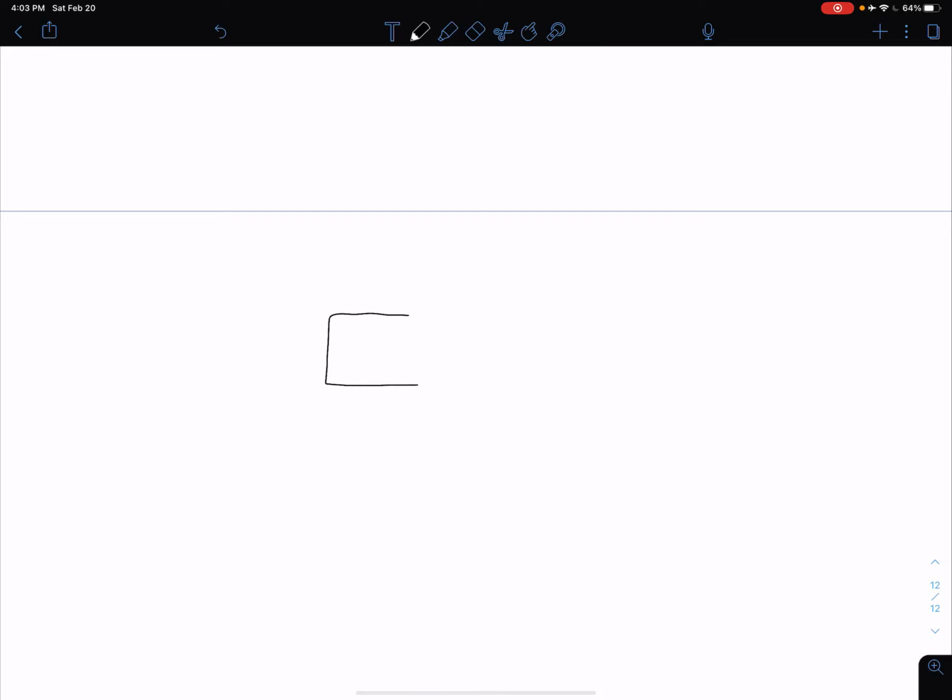Our main goal was to get this S squared plus 1 over S. And now we're going to have that 1 over S block here on this side of our pickoff point.